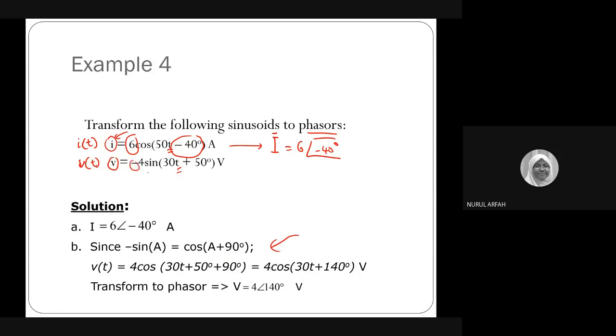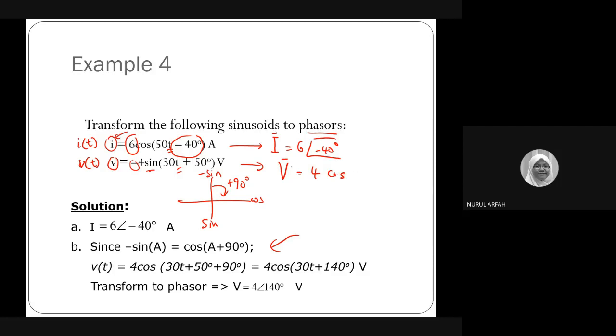And this one negative sign, then you can plus, if you put it like this is sine, this is cosine, then this is negative sine, right? So plus 90 degree. So obviously you have a V here with capital letter. And then you have 4 cosine.